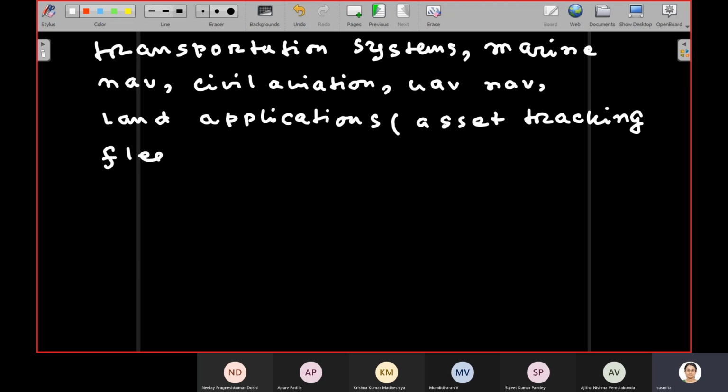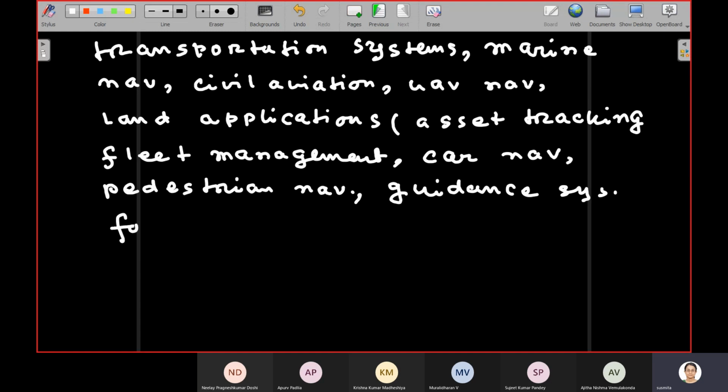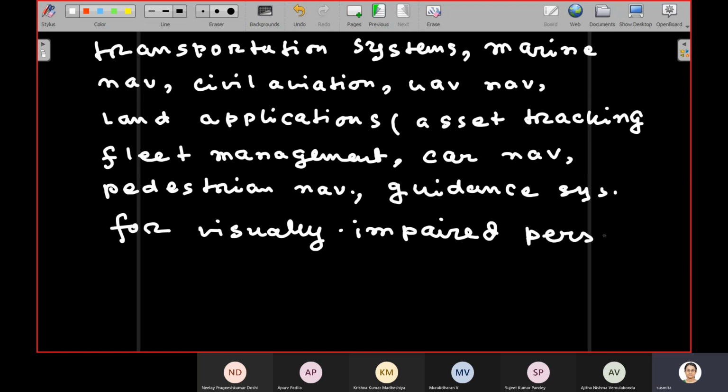Fleet management, car navigation, then pedestrian navigation, and then finally we can also mention guidance systems for visually impaired persons.